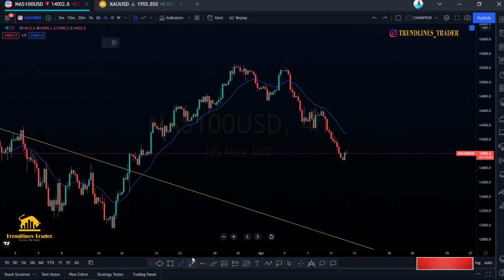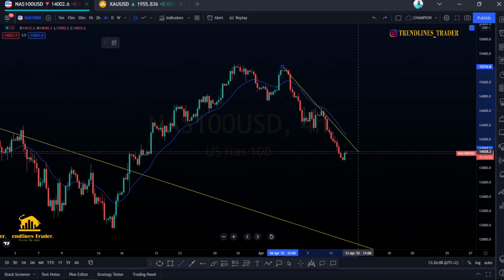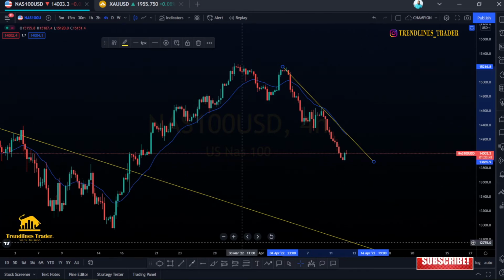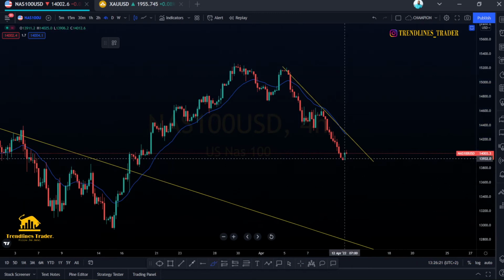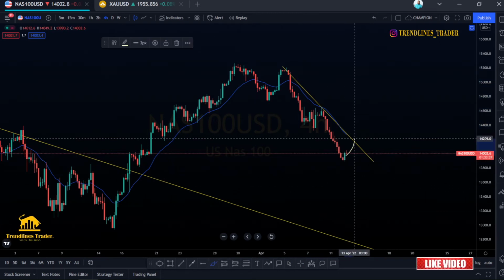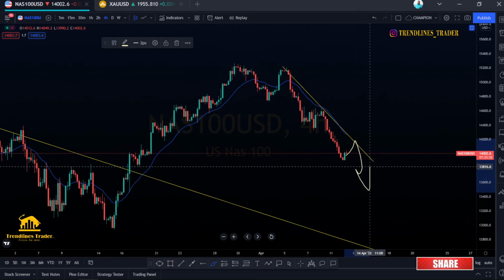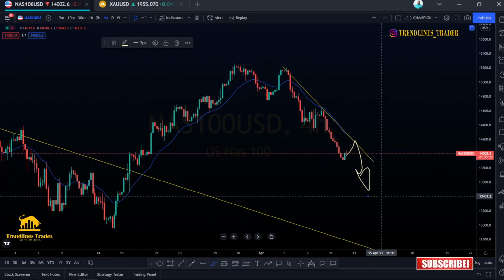We are having this type of structure right here. I hope this is very visible to everyone to see. And it shows that our price still has to push towards our trend line before we see it pushing towards the downside. I hope this makes sense.